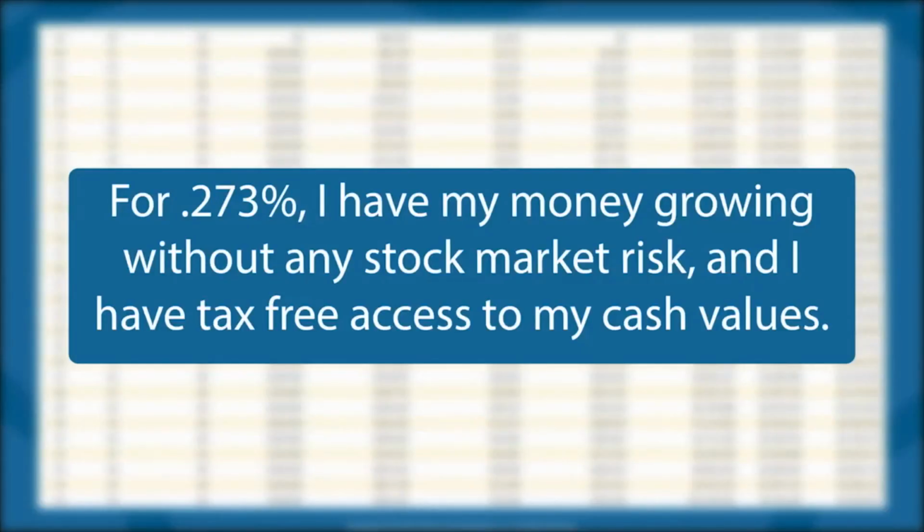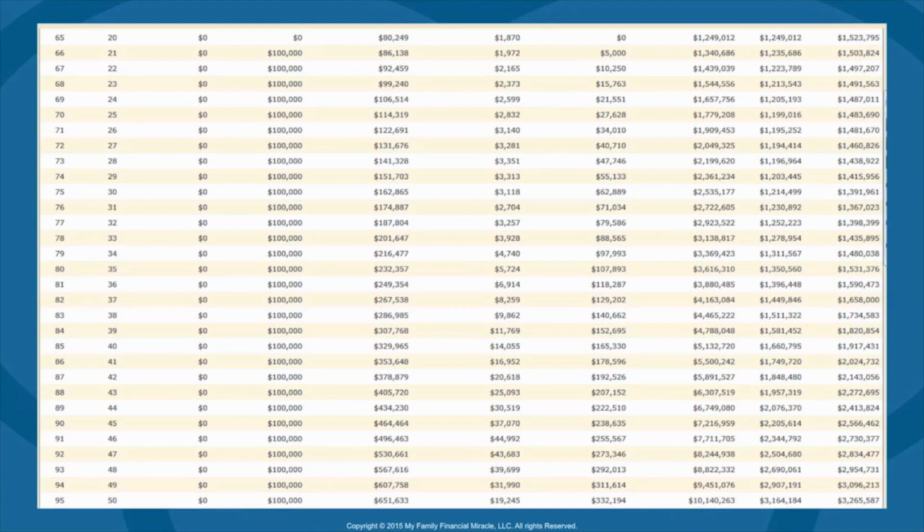For 0.273%, I have my money growing without any stock market risks because of the zero floor. I have tax-free access to my cash value, and I have upside potential in multiple index options. Or I can choose the fixed interest crediting option. Name another asset class that gives you just those options for about 1/4%. I'm telling you, it just doesn't exist.